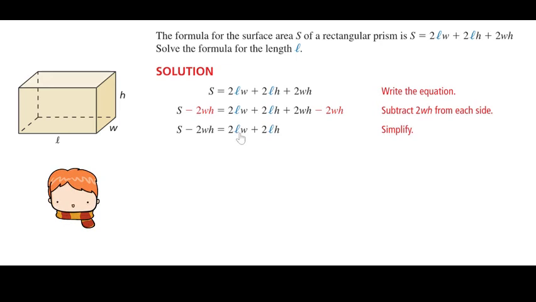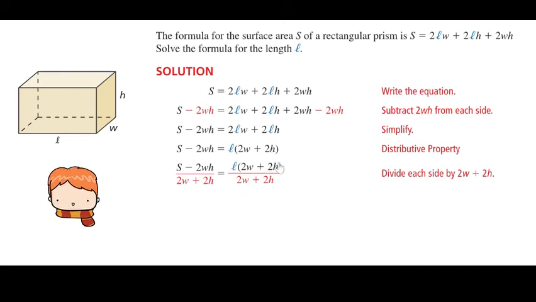You notice that the first term has an L, and the second term now has an L. Now you're going to use the distributive property to rewrite this expression. So we factor out an L, and inside we're left with 2W plus 2H. Now that we have L as one variable, we're going to divide both sides by 2W plus 2H.